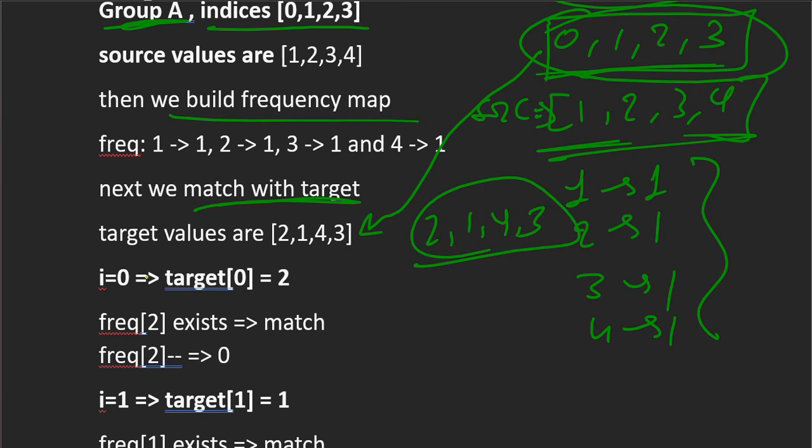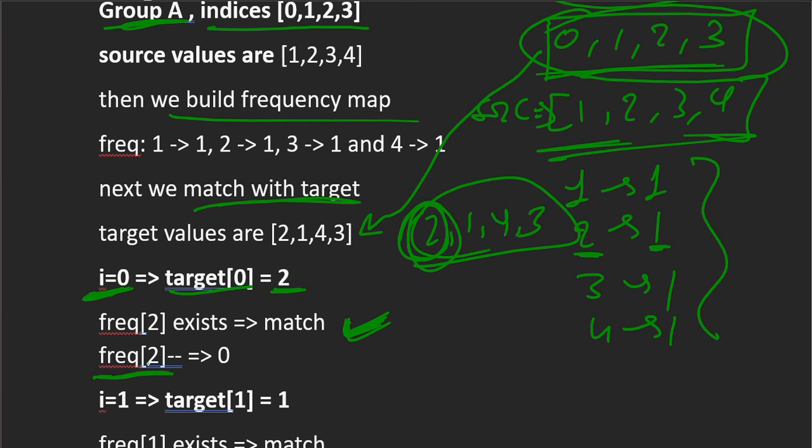Now we start with i equal to 0. At i equal to 0, target of 0 is 2. We check whether 2 is available in this connected component. Yes, the frequency of 2 is 1, so it is available. That means we can somehow swap this, so we get a match.